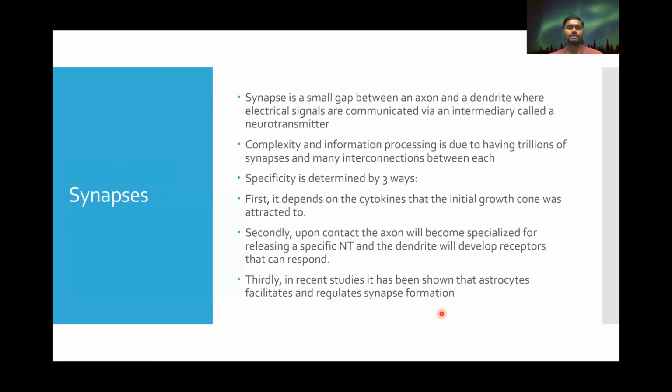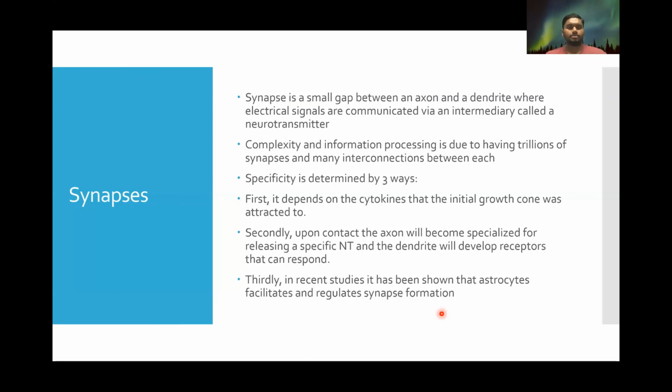When this neurotransmitter binds to the postsynaptic membrane of the dendrite, it'll induce some kind of electrical depolarization, assuming it is excitatory, which will then allow it to go to its proper destination.